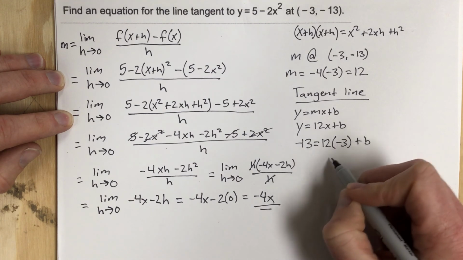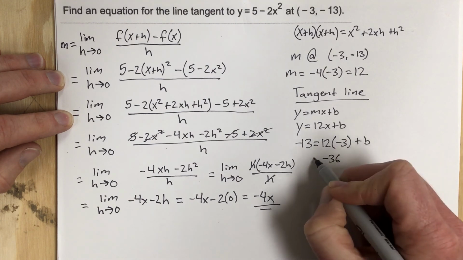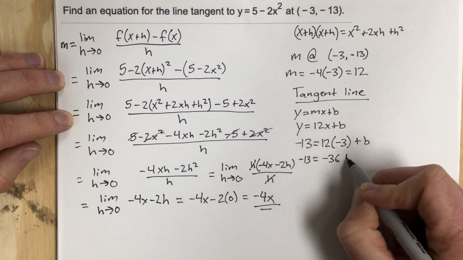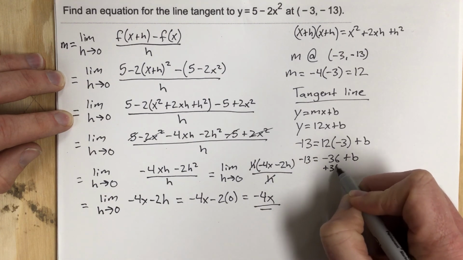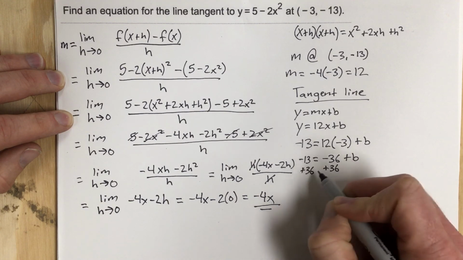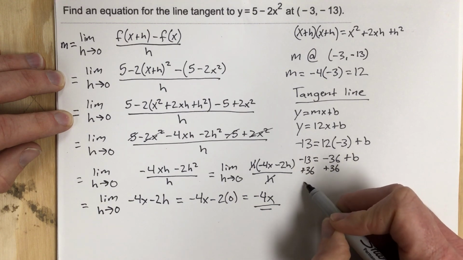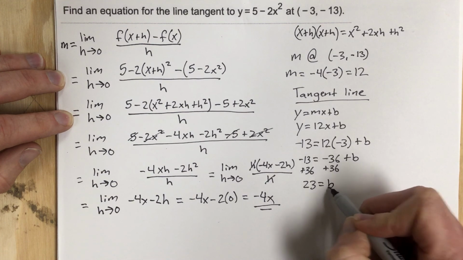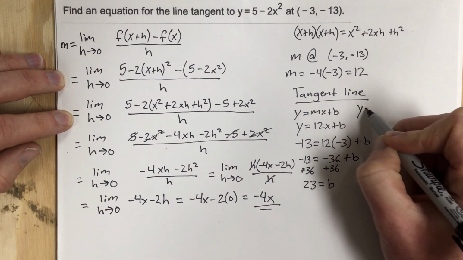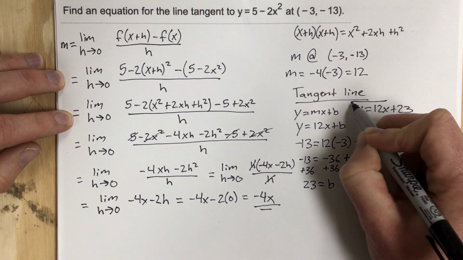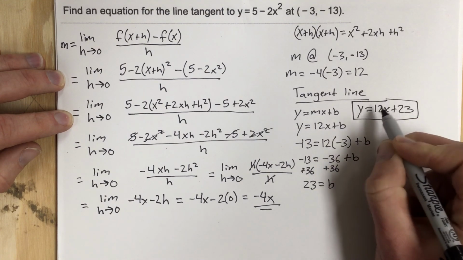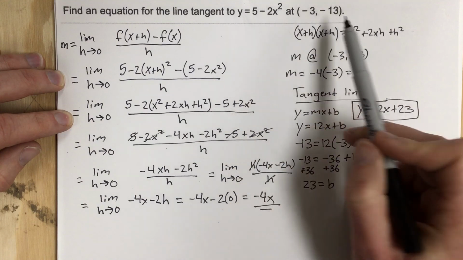This gives you negative 36 equals negative 13 plus b. Add the 36 over. 36 and negative 13, that should give you 23 equals b. So the tangent line is y equals 12x plus 23. So this line is tangent on this curve at this point.